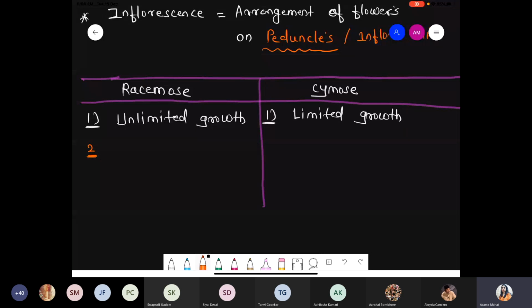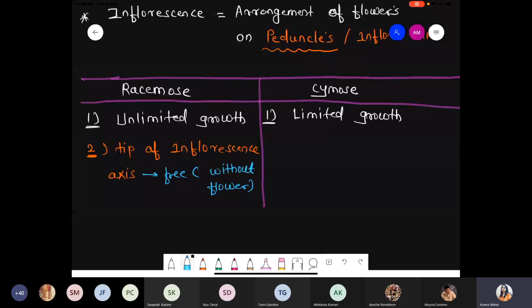That's the reason racemose inflorescence shows unlimited growth, because nothing is present on the tip. So ultimately that tip region grows continuously and forms new flowers.